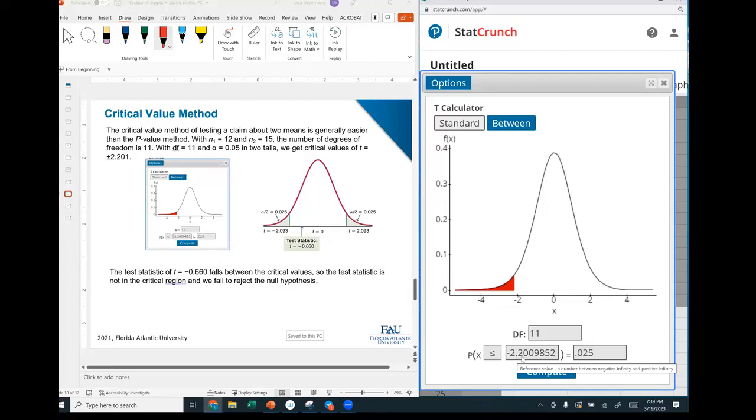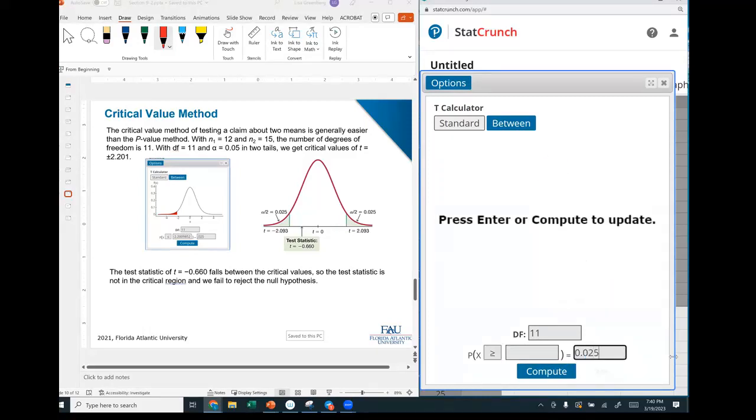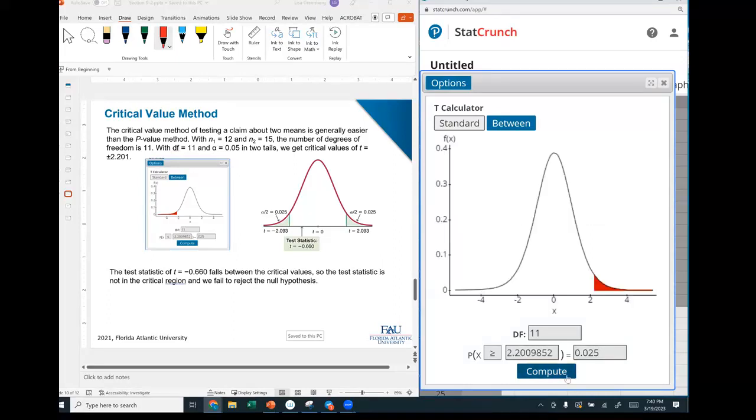So we get a critical value of t equals plus or minus 2.201, which is what we have here. Because it's two-tail, I could also do greater than and put in 0.025, and I'll get the same exact value, only positive. That's why I have my plus or minus.